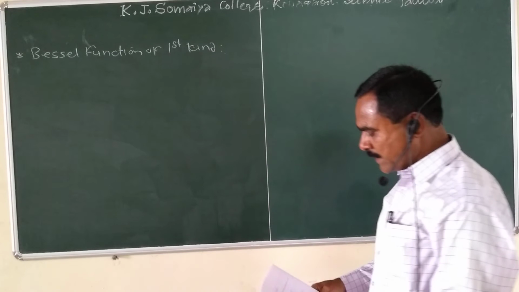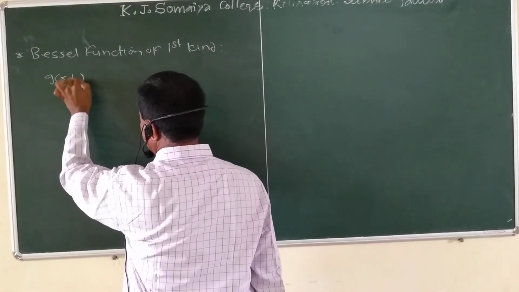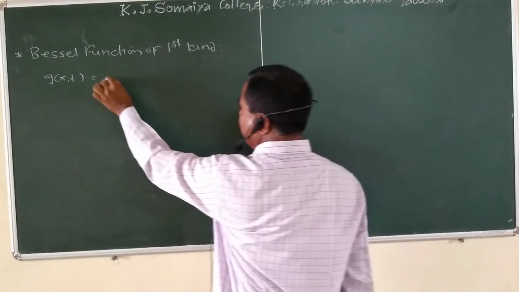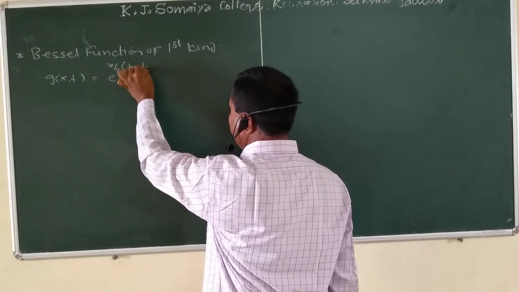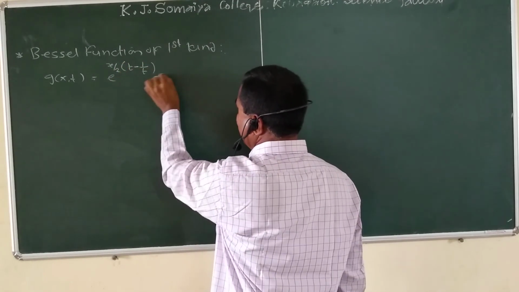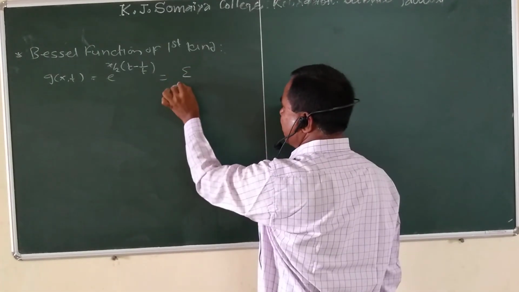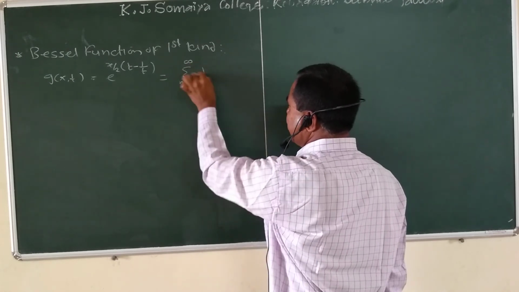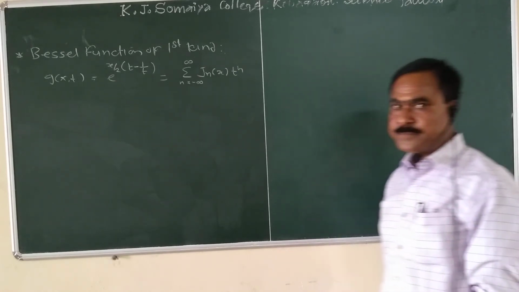That generating function is given as g of x,t equal to e raised to x by 2 in bracket t minus 1 upon t equal to the power series summation n from minus infinity to plus infinity J_n of x t raised to n.